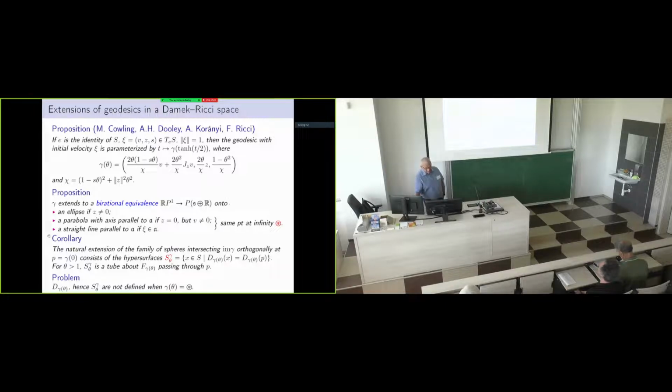So the image will be either an ellipse or a parabola, or sometimes it degenerates to a straight line. But whenever it is a parabola or a straight line, whenever it's not completely contained in S but converges to a point at infinity, then it will always have the same point at infinity, namely the point at infinity of the a-axis, the vertical axis, and I'll denote this point at infinity by this strange asterisk sign.